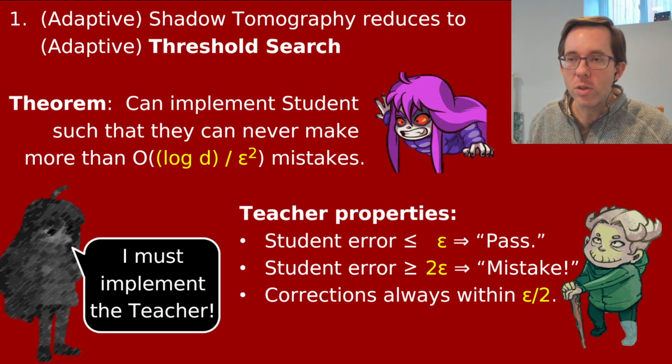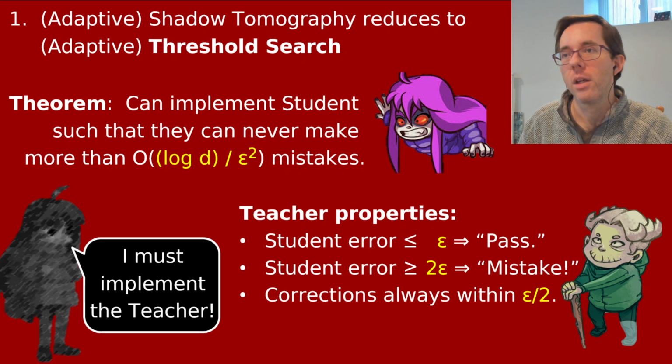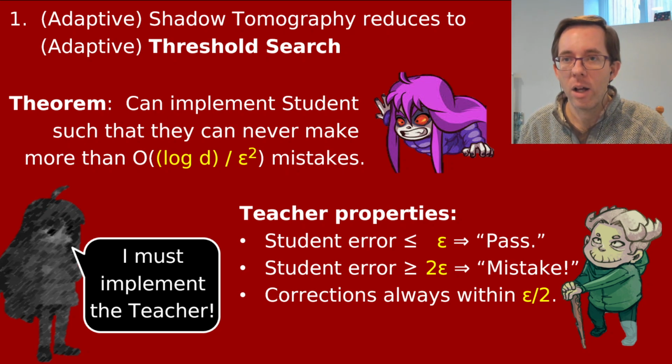But in order to do that, you need to have the teacher correcting you. So really, the shadow tomography algorithm has to somehow implement the teacher properties. And if it can do that, then it can also run the student strategy and thereby ultimately give correct estimates for all of the a sub t's.